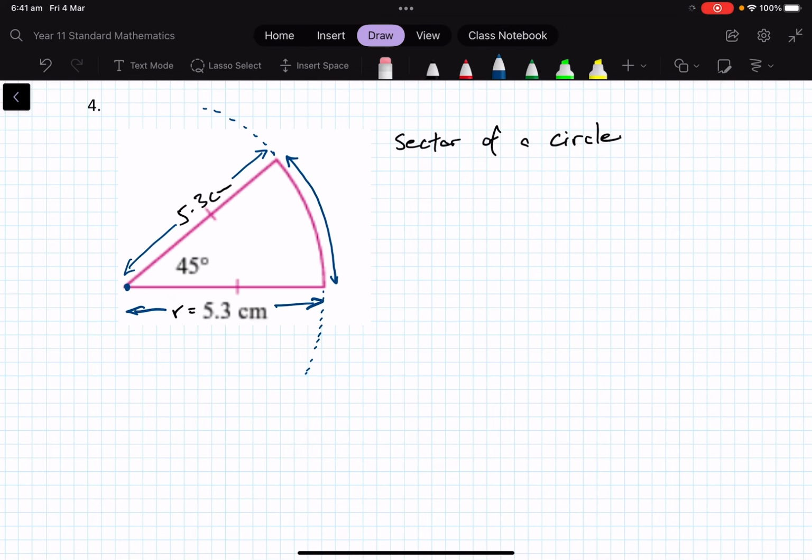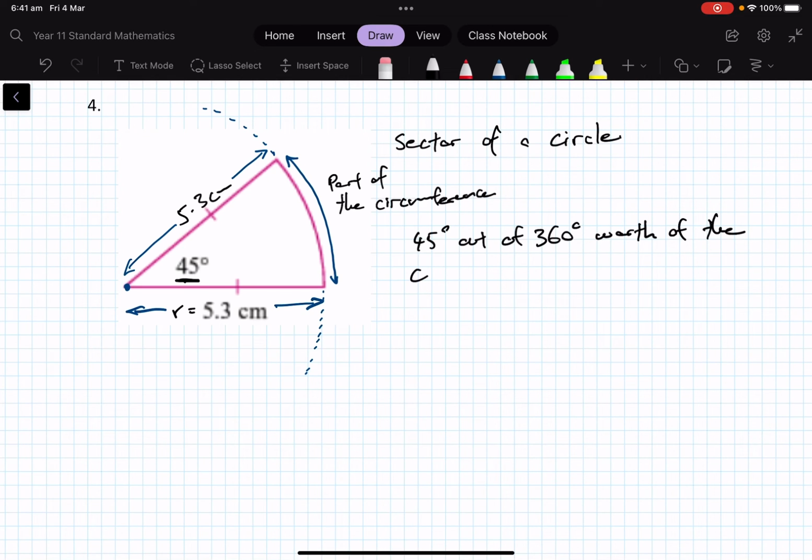Now, this is part of a circumference, yeah? But how much of the circumference? The clue is in this 45 degrees. So 45 out of 360. It's 45 degrees out of 360 degrees worth of the circumference.